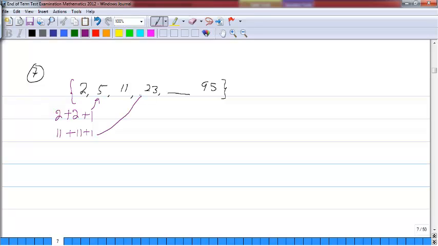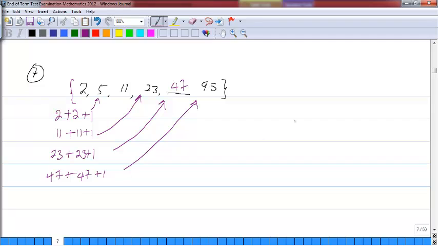Okay, so what would come here should be what? 23 plus 23 plus 1, which would be 23 and 23, 46 and 1, 47. Now if this is correct, it would mean that 47 plus 47 plus 1 should give me 95.